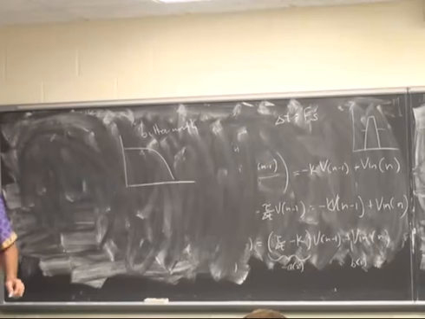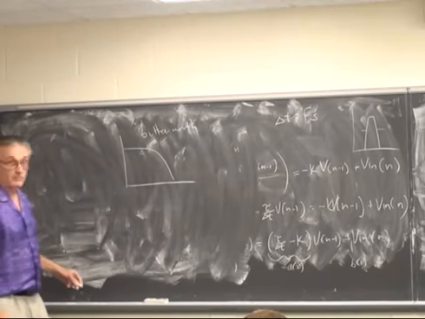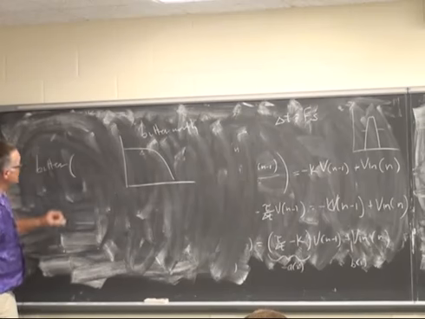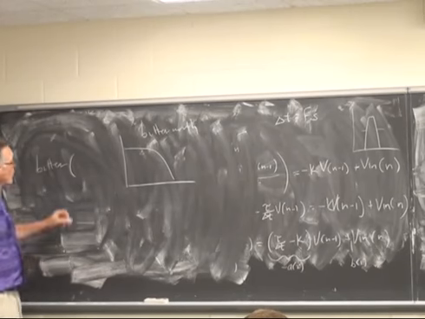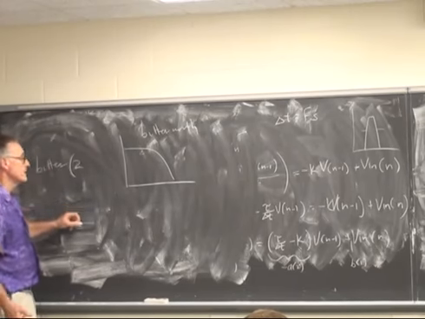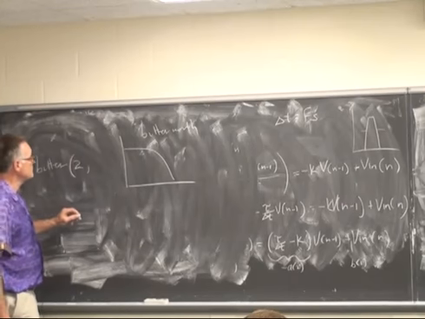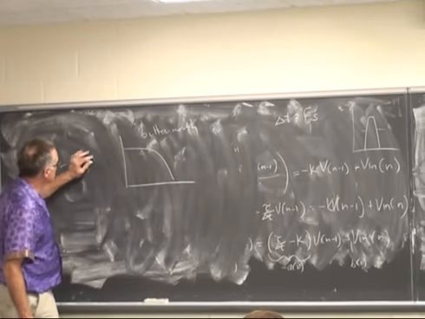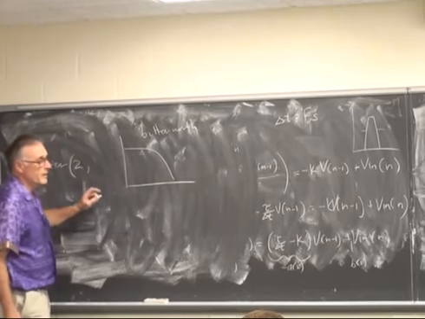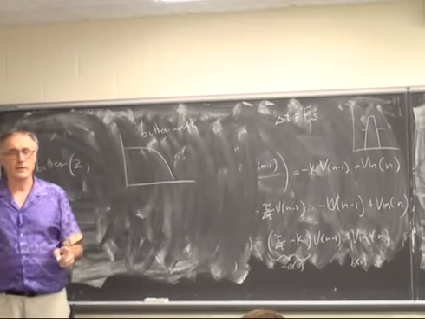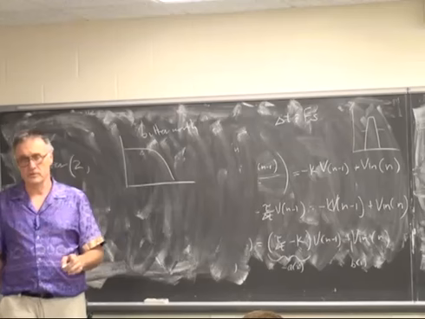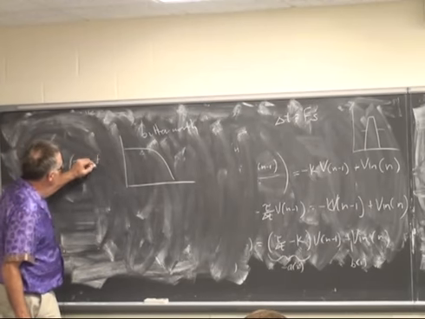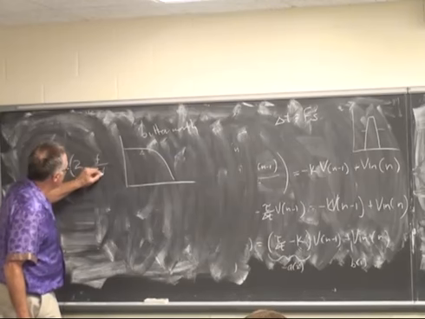The MATLAB command for designing Butterworth filters is butter. You give the number of poles that you want. Let's say 2. You give the cutoff frequency in units of the Nyquist frequency, so this is in f over fs over 2.